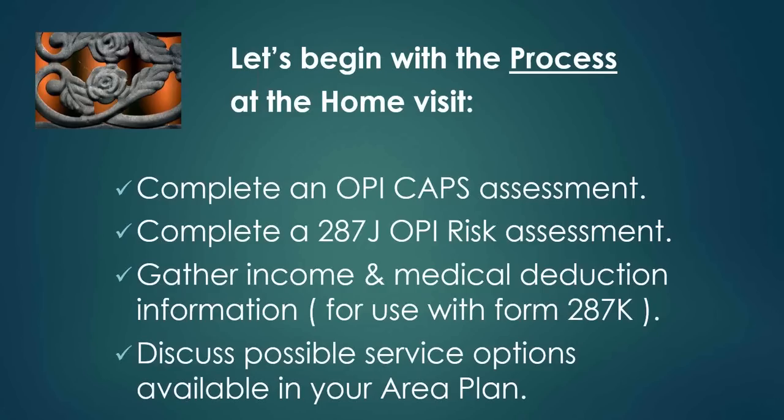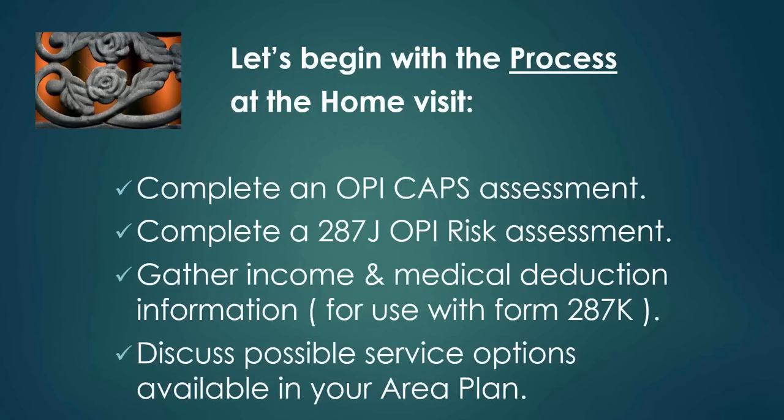And then we're also going to want to gather income and medical deduction information at that home visit, because we're going to need that when we fill out the 287K form for OPI. We also want to discuss possible service options available in your area.